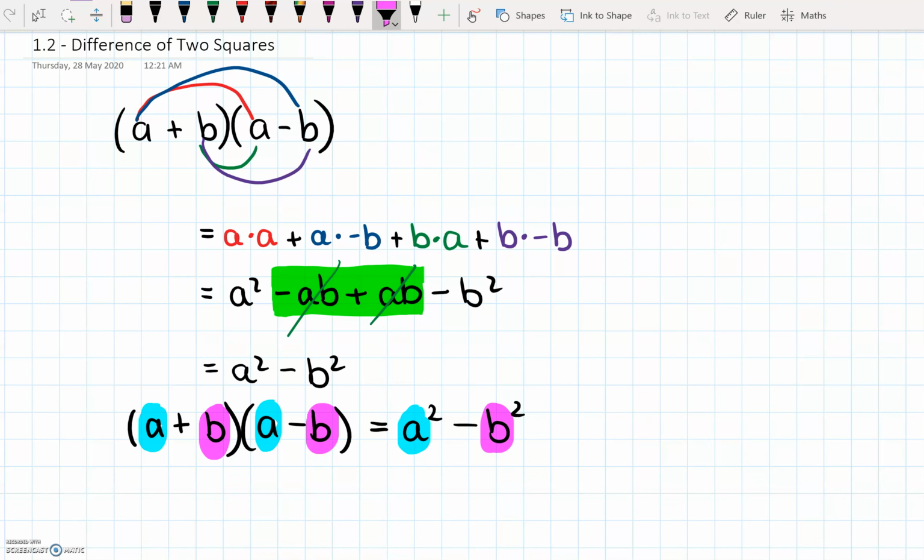So you don't have to go expanding it and everything. If you see that the brackets have the same letters, but one's a plus and one's a minus, then you can just do the difference of two squares.